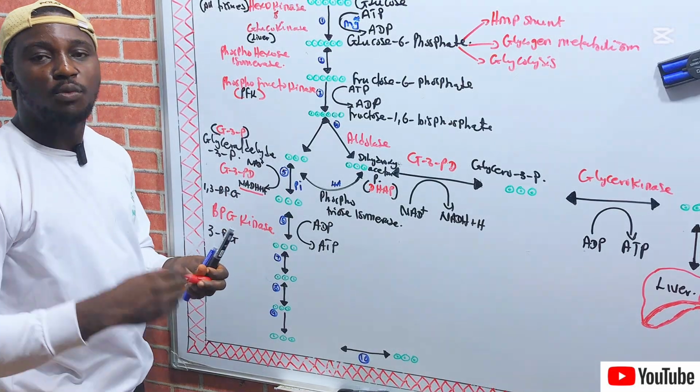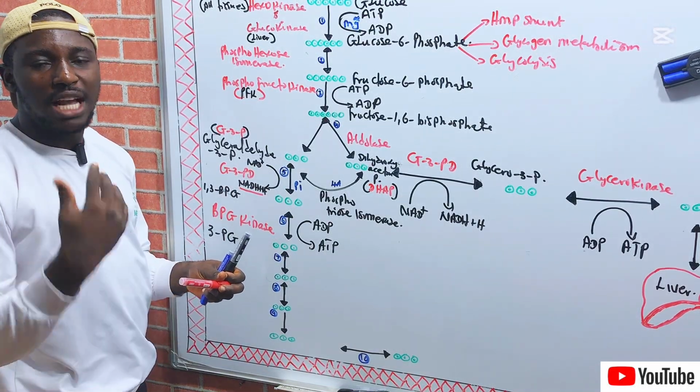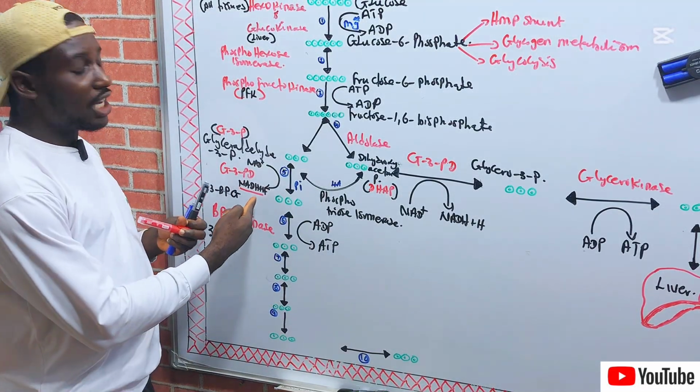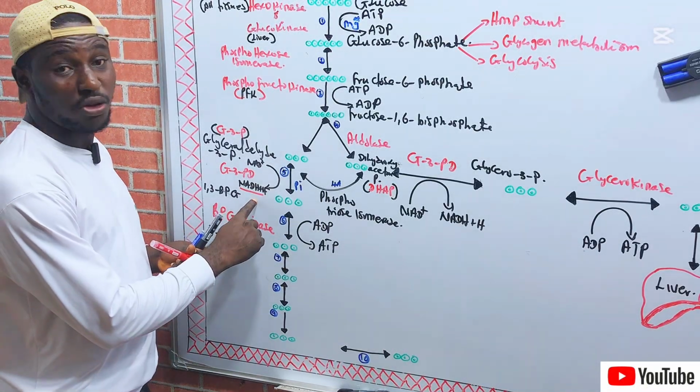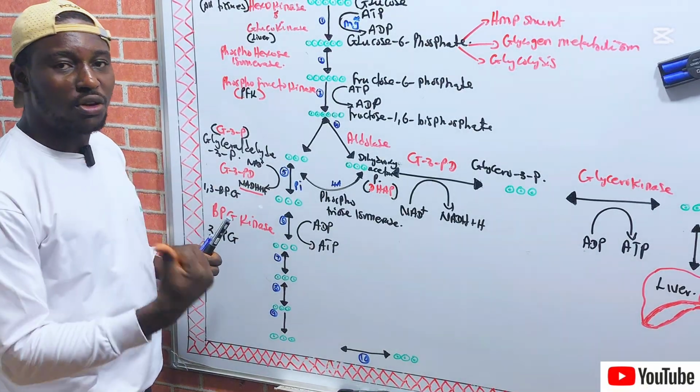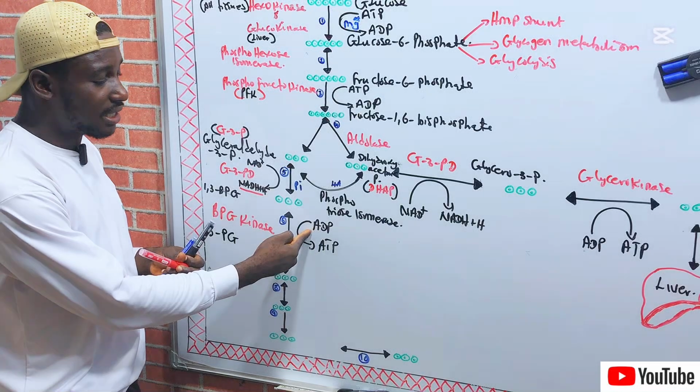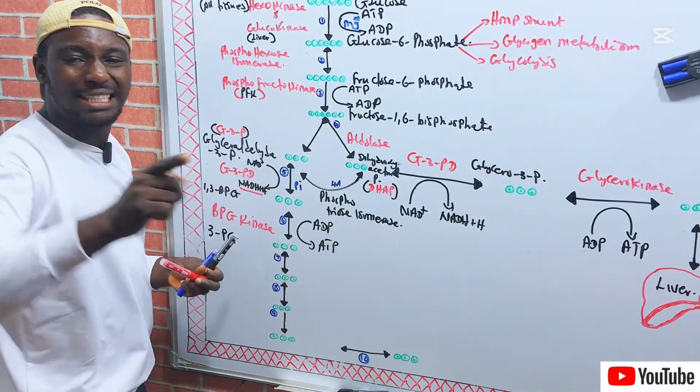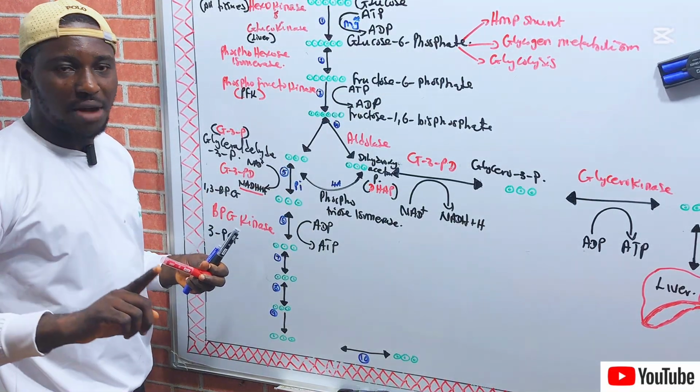That is why we call it oxidative phosphorylation, because ATP will be produced from the reduced equivalent, NADH plus H, in the electron transport chain. Whereas in this case, ATP is produced without referring to the electron transport chain, right?